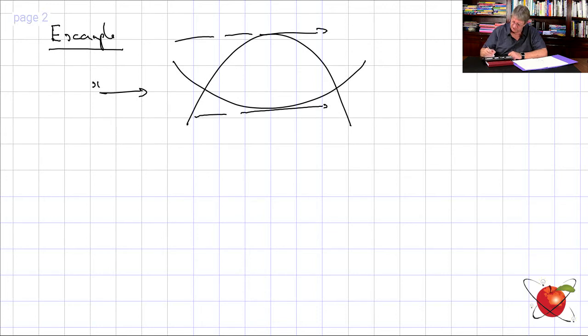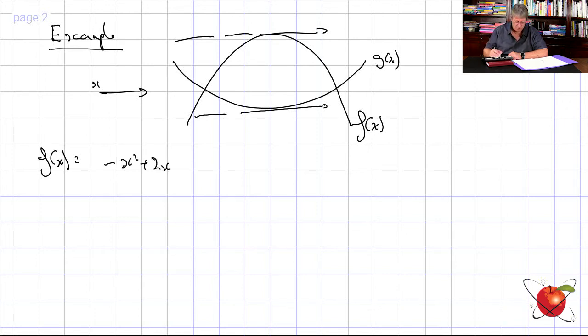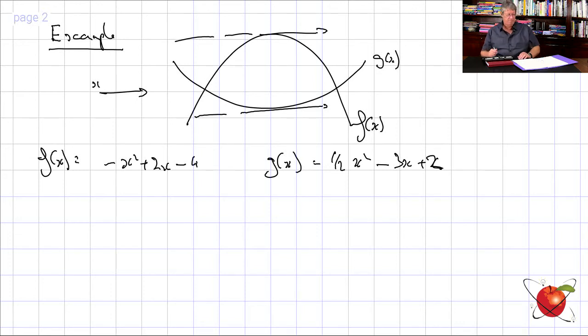And they have told us that this is g of x and this is f of x. And they tell us that f of x is equal to minus x squared plus 2x minus 4, and g of x is equal to a half x squared minus 3x plus 2. Right.